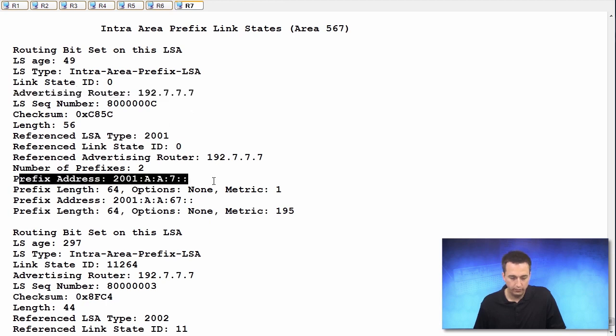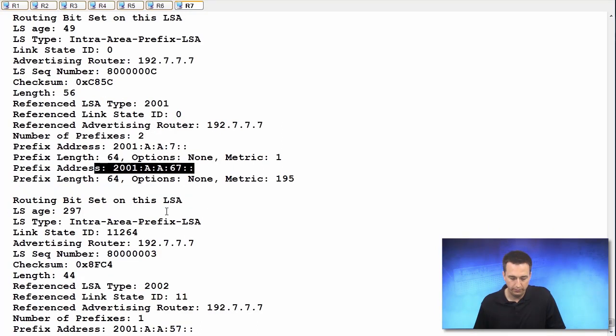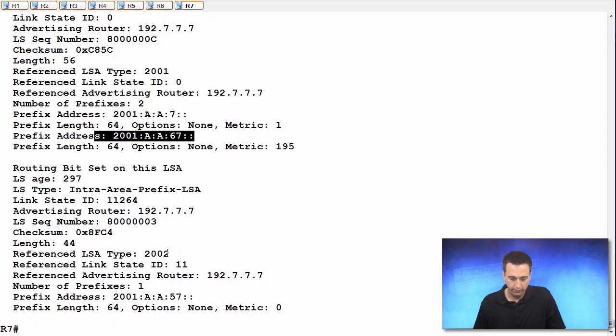This is a network attached to me. 7, double colon. 67, double colon is attached to me as well. So is 57, double colon.